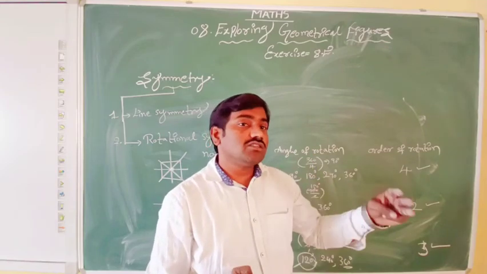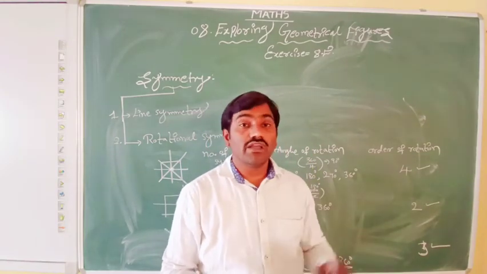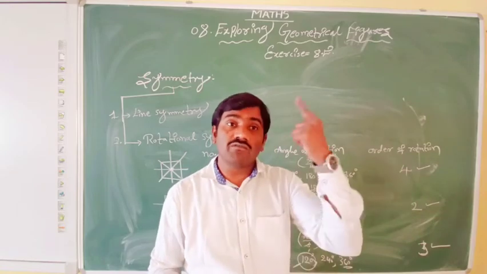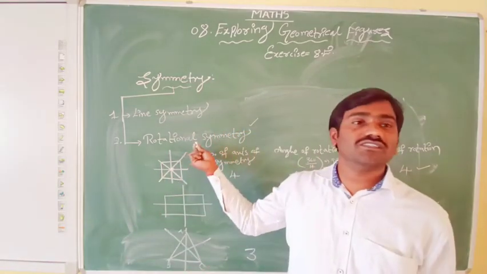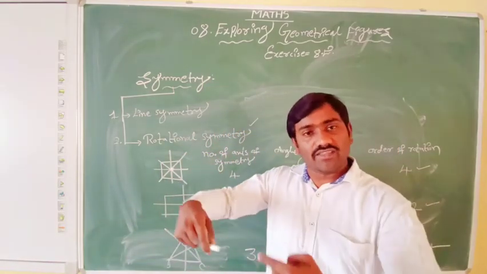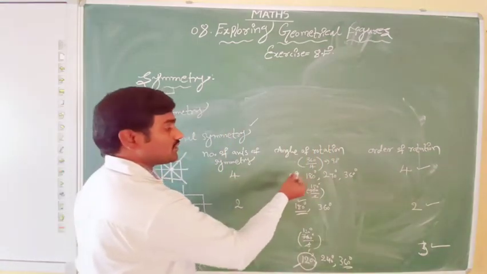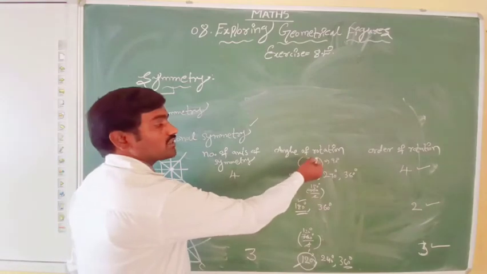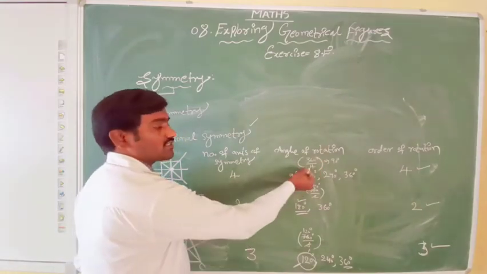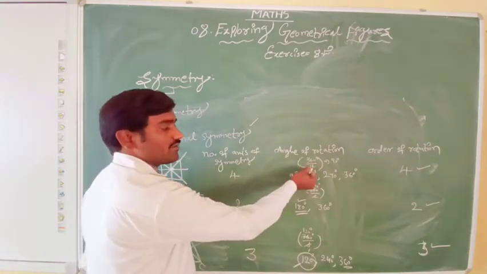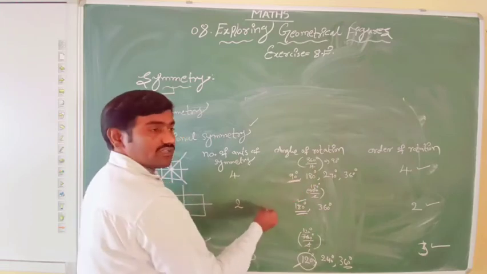That number of times is known as the order of rotation. If the order of rotation is more than 1, it is known as rotational symmetry. See, one is interlinked with the other. If you want to know the angle of rotation, you have to divide 360 by the number of axes. You will get the angle of rotation.